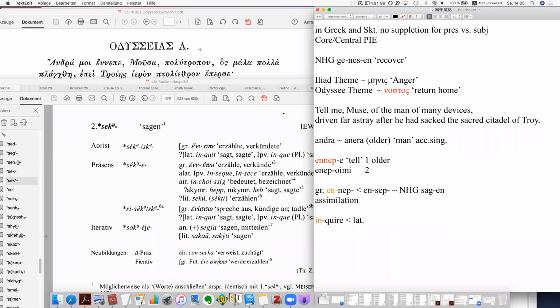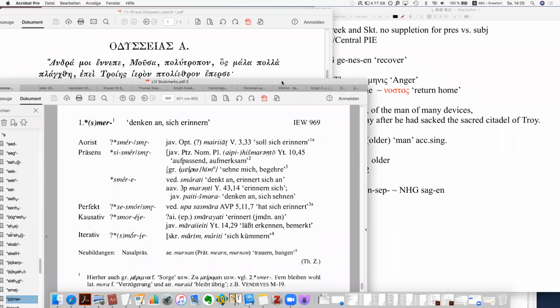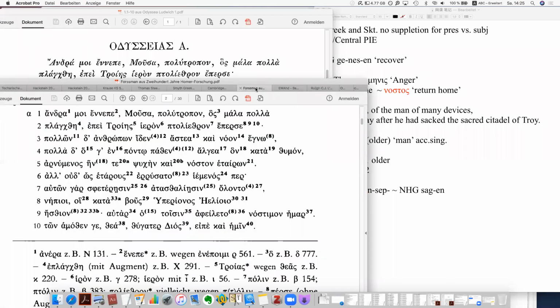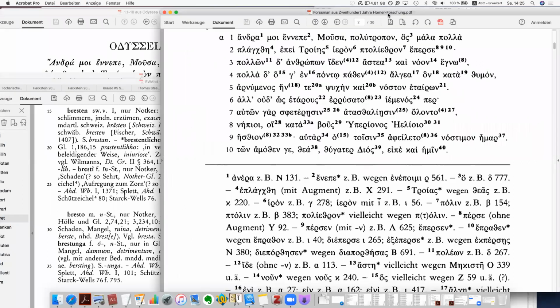This is the first word called enepe, but I think I should make it separately.